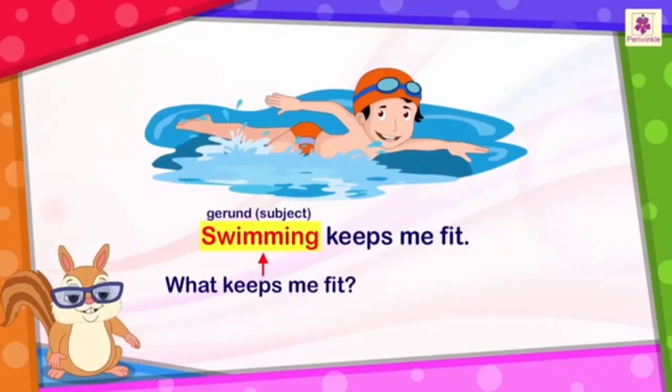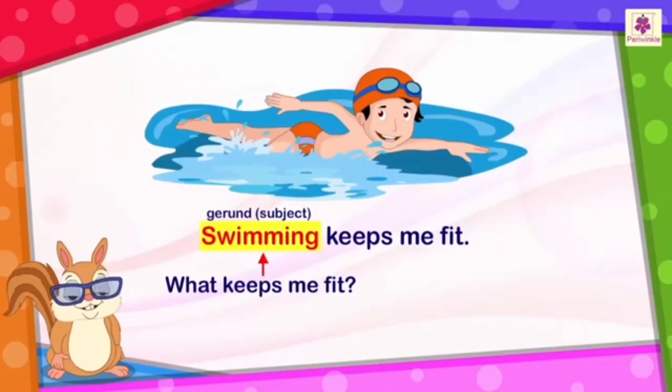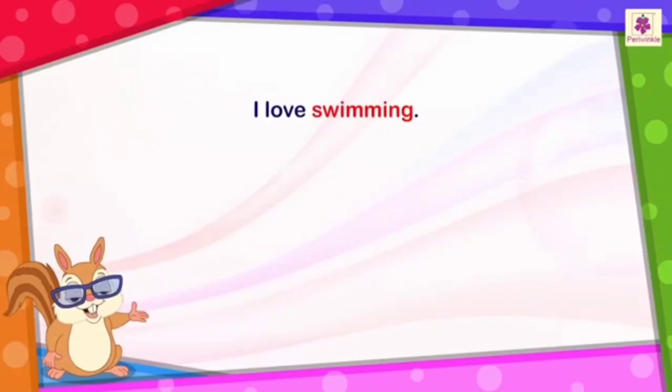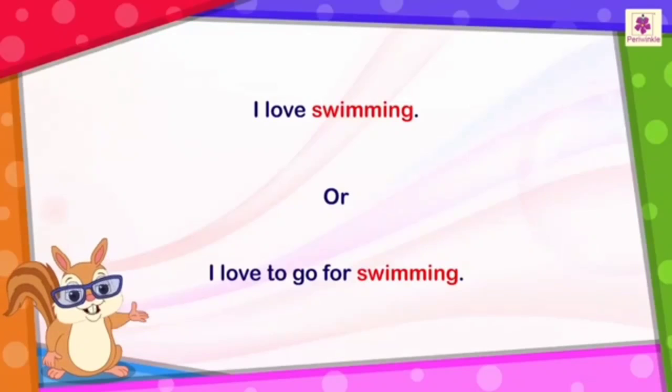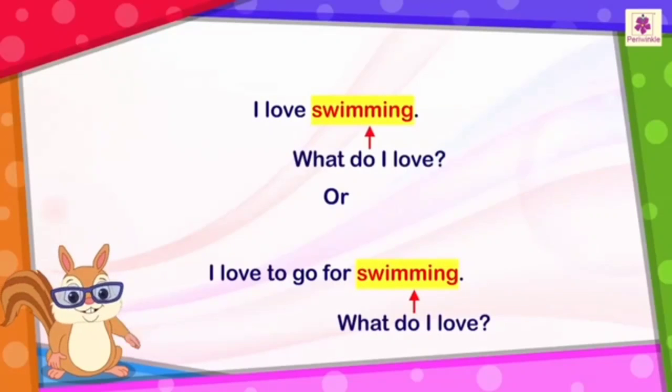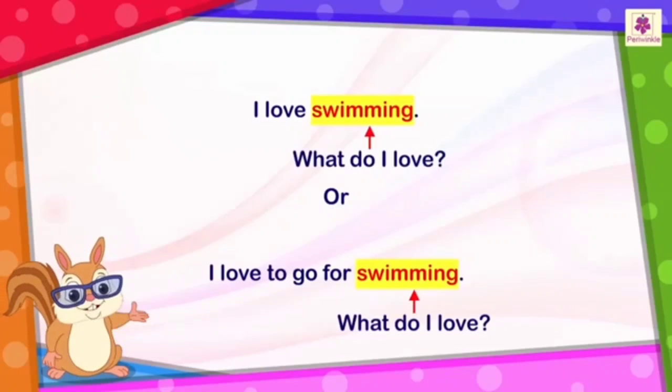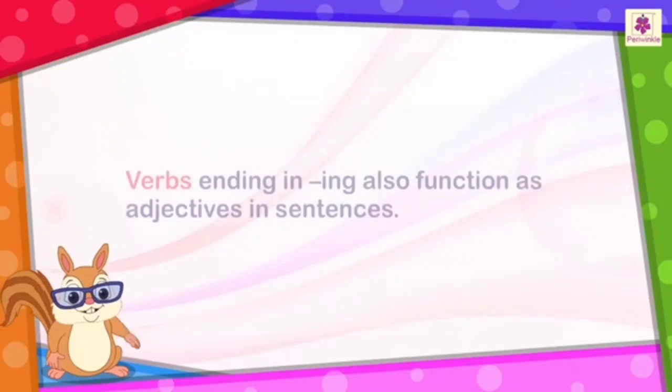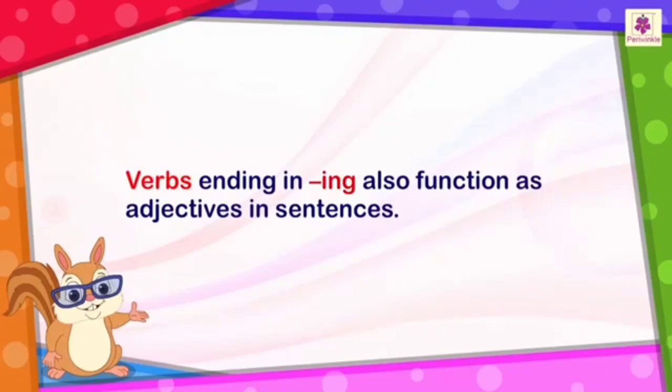So here swimming acts as a noun, so it is a gerund. Next sentence, I love swimming, or I love to go for swimming. How to make the question: what do I love? The answer is swimming.